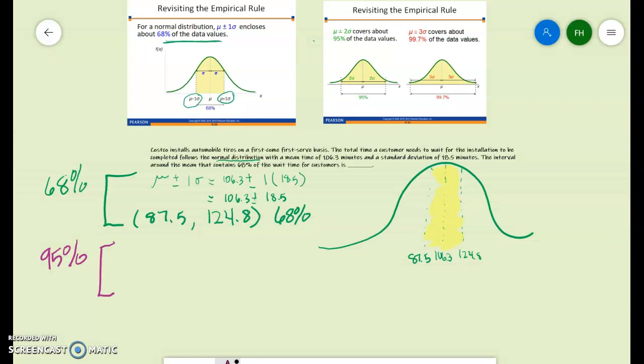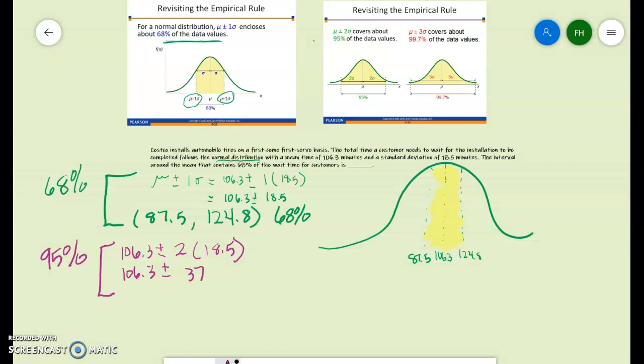So then we're going to do the mean, which is 106.3, plus and minus 2 standard deviations. And plug in your standard deviation. So we're going to do 106.3 plus and minus 37.